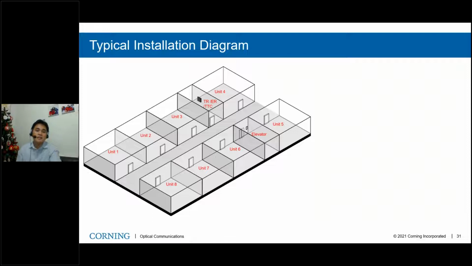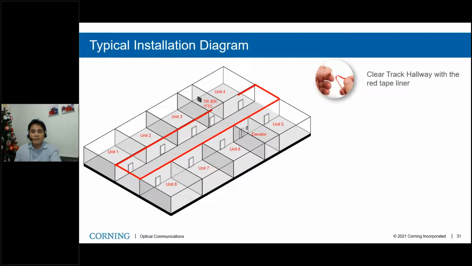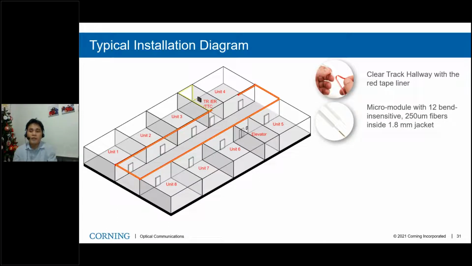So how is it installed? This is the typical installation diagram. After identifying the cable route, ClearTalk hallway will be installed by removing the red tape liner and sticking it on the wall. After that, the 12 fiber micromodule will be inserted into the ClearTalk fiber pathway.